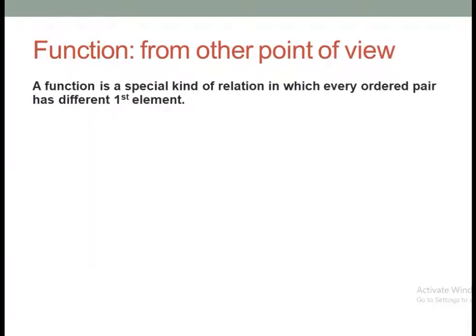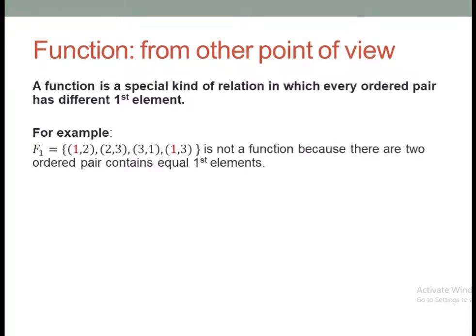We are going to look at functions from another point of view. A function is a special kind of relation in which every ordered pair has a different first element. For example, f1 is equal to {(1,2), (2,3), (3,1), (1,3)}.